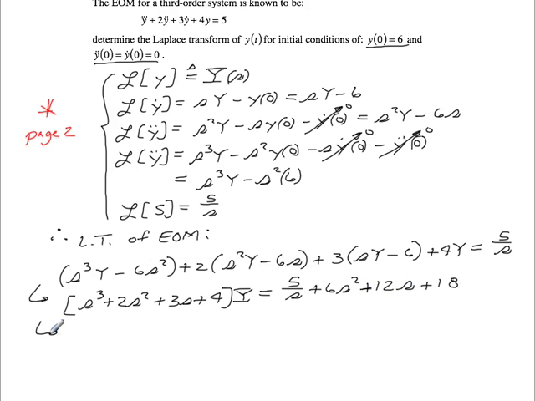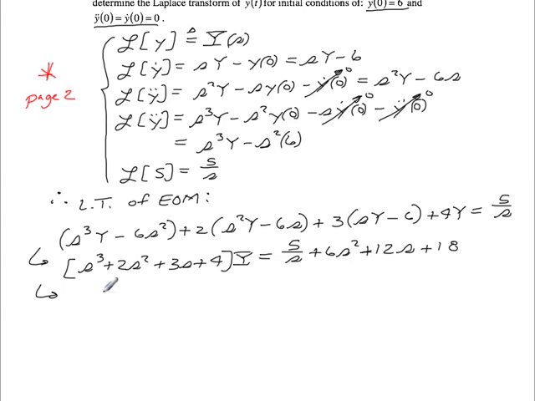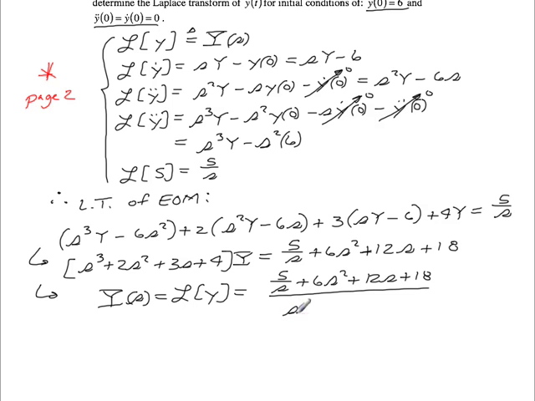So the last step then is to produce our fraction, where y of s, which is the Laplace transform of the response y, is 5 over s plus 6s squared plus 12s plus 18, all divided by s cubed plus 2s squared plus 3s plus 4.